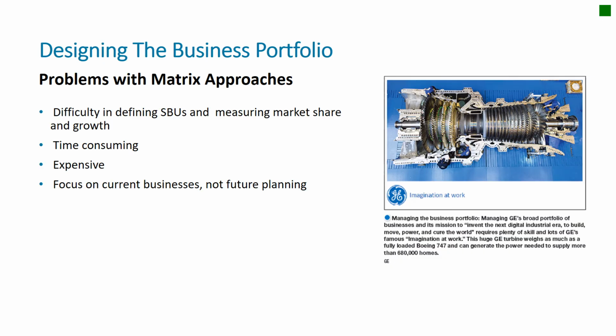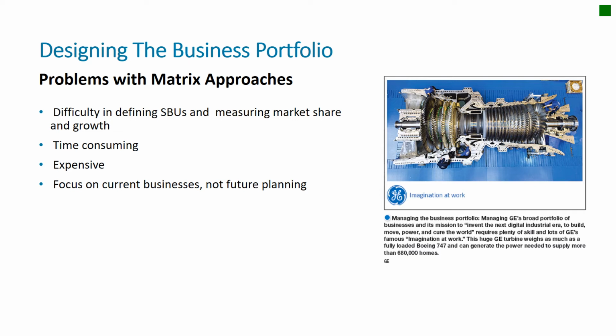Okay, next slide. Even though the BCG matrix is useful in helping businesses in long-term strategic planning, it has its downside. There are problems with matrix approaches. Here there are 4 known problems.